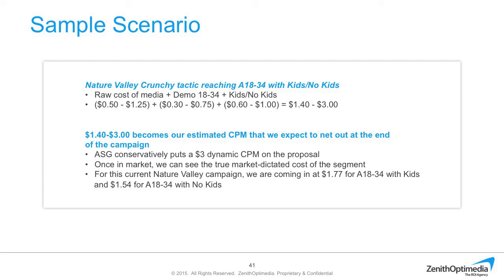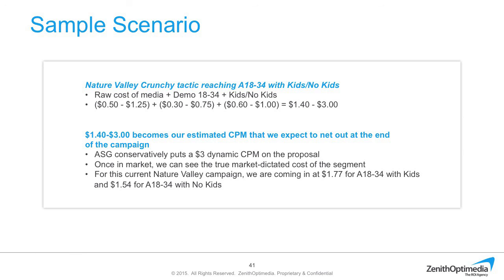So the thing to remember here is that it definitely is a range of prices that we could be paying. We could end up paying less than what we anticipate because there is no competitiveness in the market. No other advertisers are bidding for those segments. But more often than not, there is a lot of competition, and we will have to bid on the higher range.